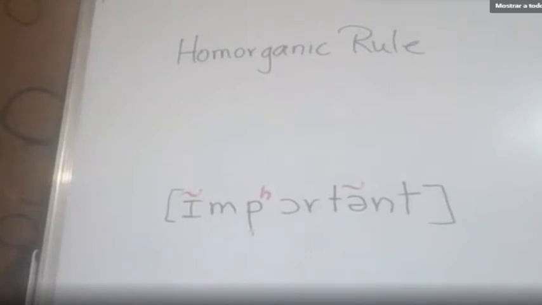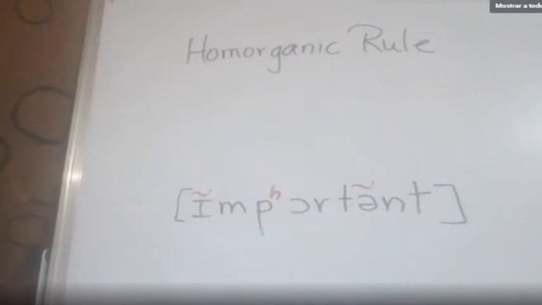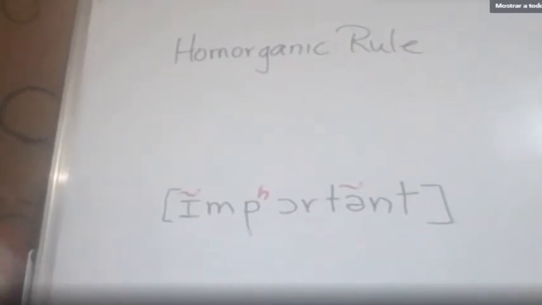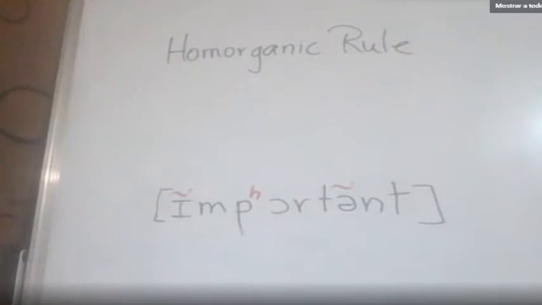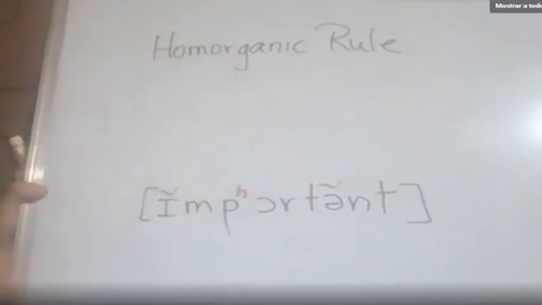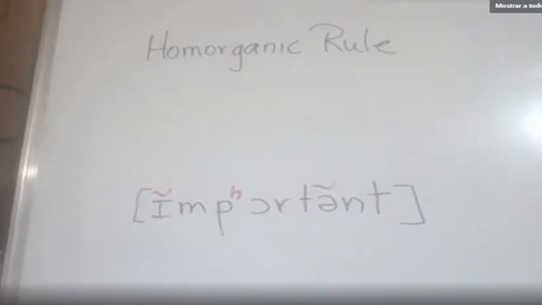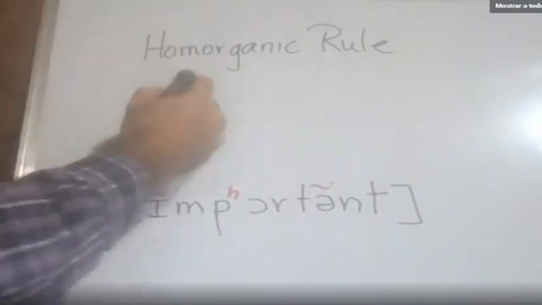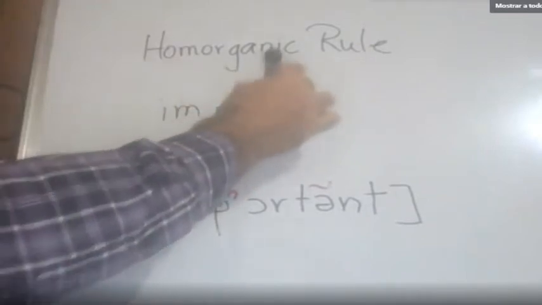Okay, so the homorganic nasal rule does not have any graphic representation. So when you transcribe the words, you will not have to pay attention to this so much. But this is also a phonological rule, so I'm going to explain it to you. You know that in Spanish there is this spelling rule that says that before b and p, you always write m, like, for example, importante.